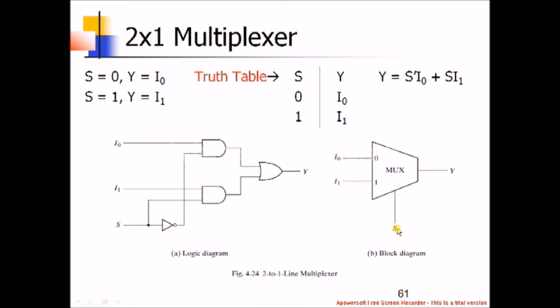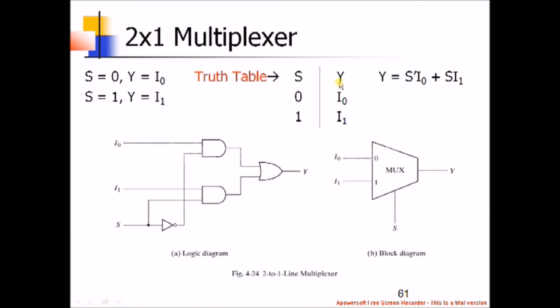Now if this selection line is 0, then the value present on I0 would be routed to the output side, so Y will be holding the data present on I0. If the selection line is 1, then the data value present on I1 is routed to the output side. Therefore now Y would be holding I1.